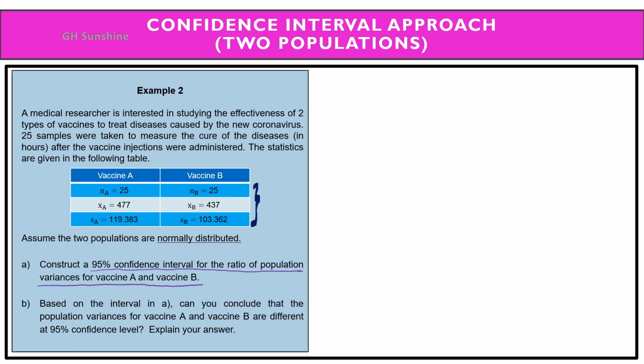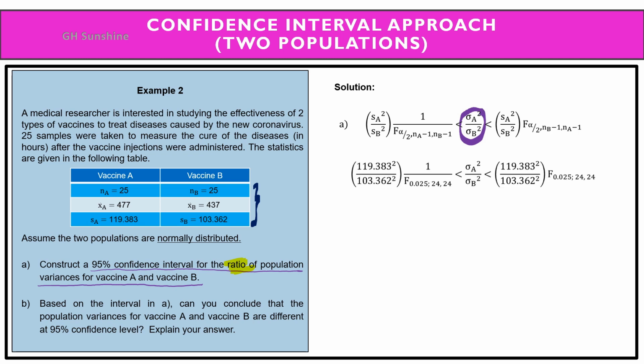So look at here the word ratio. That's why it is based on two populations. Using this formula, vaccine A over vaccine B, substitute all the values, and then read from the F table, 2.27 on both sides.